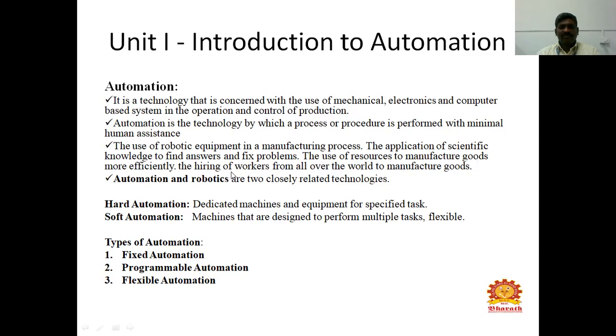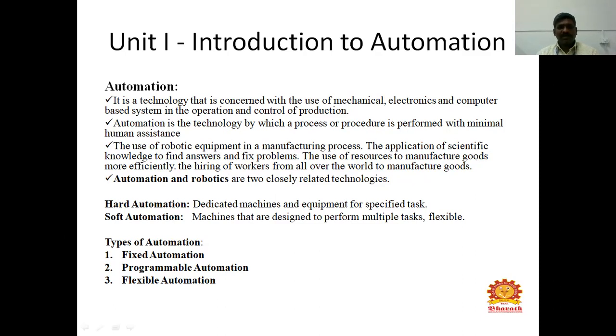So we have to introduce automation techniques in production technology to reduce human assistance to a minimum. That is the ultimate aim of automation.